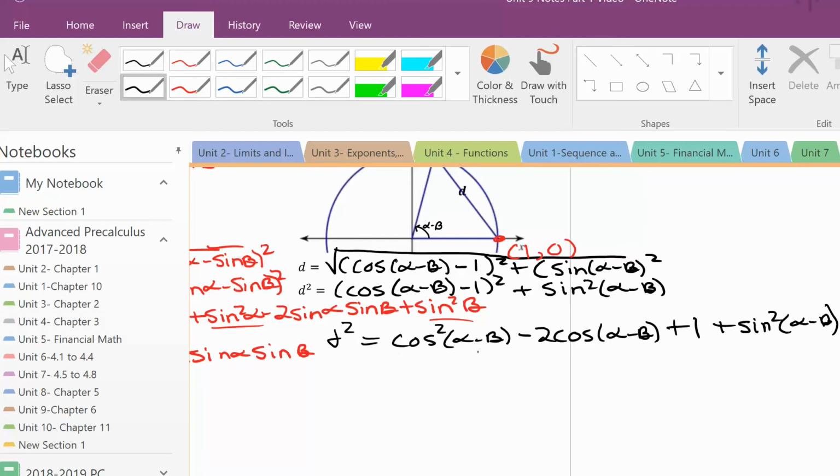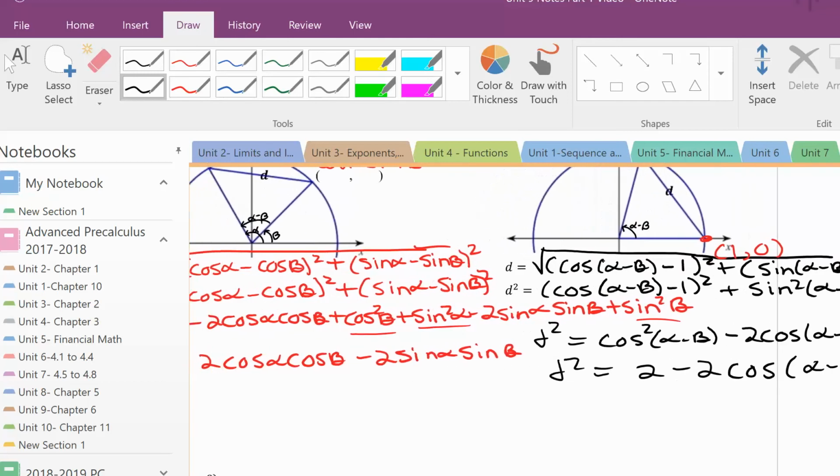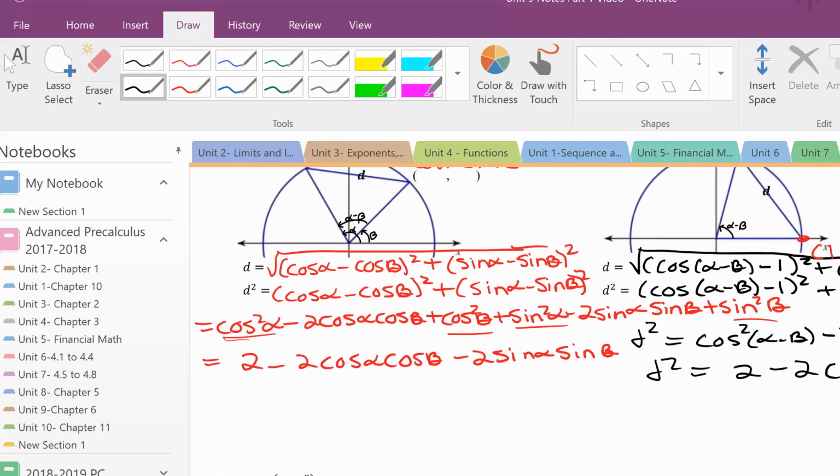Well, notice cosine squared plus sine squared is 1, so this means that you get 1 plus 1, which is 2, minus 2 cosine alpha minus beta. Now, notice these are both equal to d squared, so I can set them equal to each other.